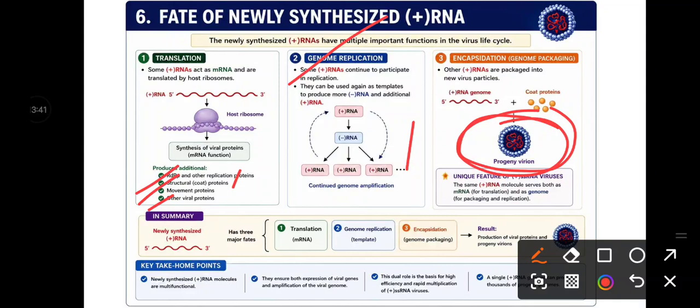And what is the fate of the RNA that is synthesized? Either it undergoes translation or genome replication, or progeny virus formation or encapsulation.